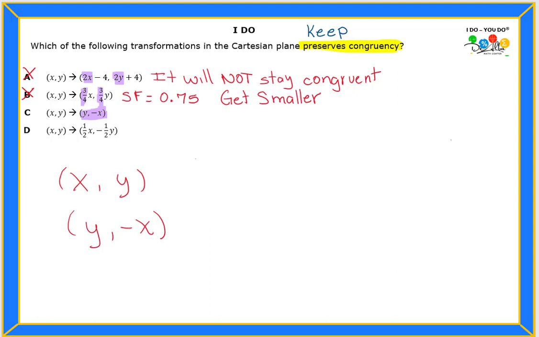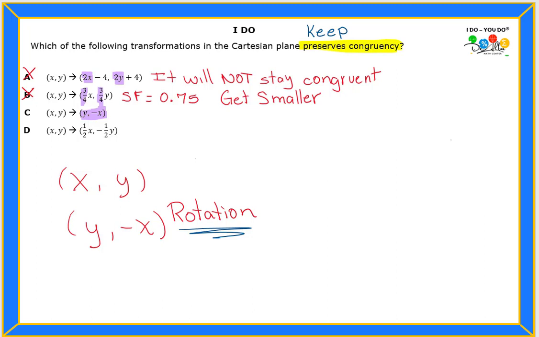Anytime that this happens, I know this is going to be a rotation. Very good. Now, what happens on a rotation? Well, in a rotation, it's kind of like you holding the figure in your hands and you just flipping it around. Is that right? But you're not making it bigger or smaller. You're just using the same shape to do the rotation.